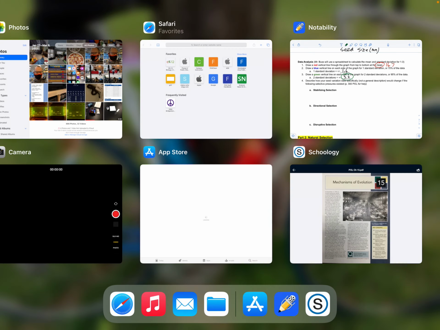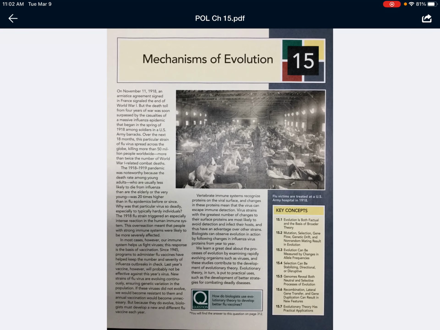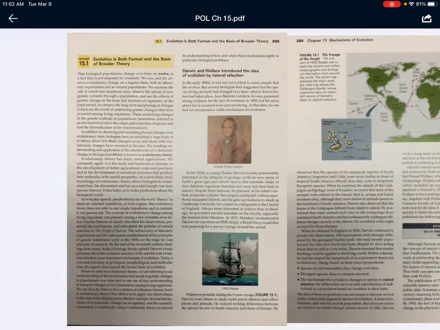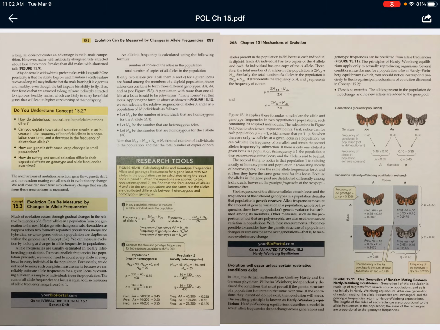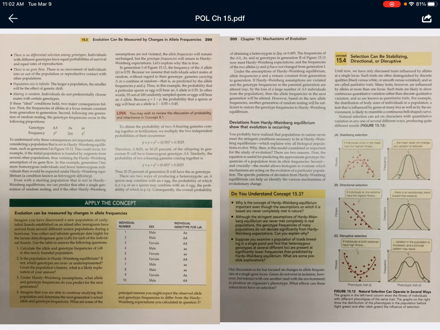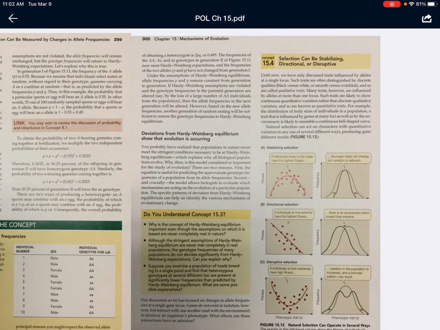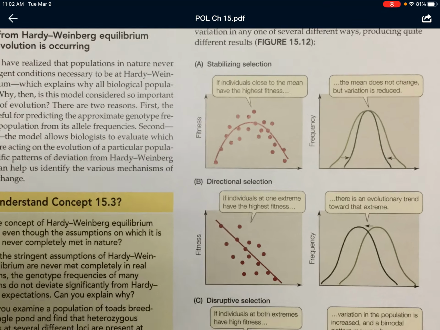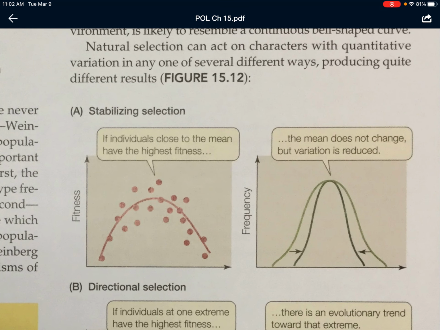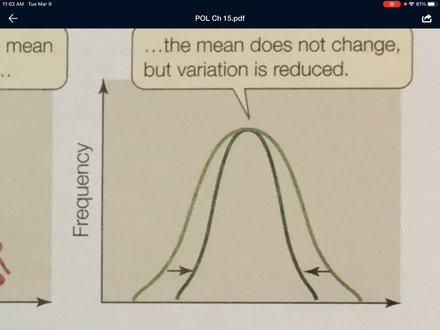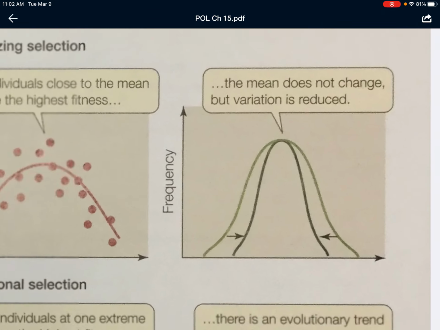So in the book, we've got chapter 15, and I'll scroll to page 300. Specifically looking at concept 15.4, where we have various selective pressures, the first one, stabilizing selection, would result in a move towards the average.